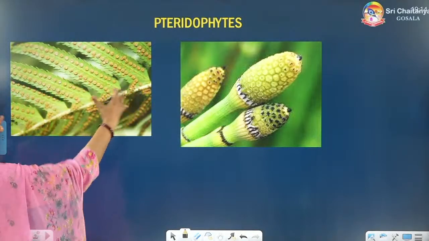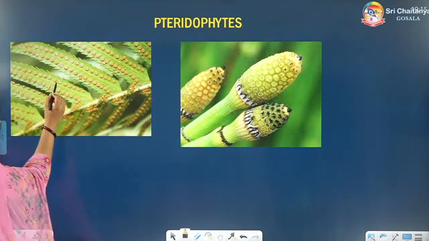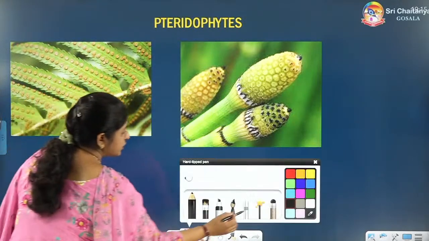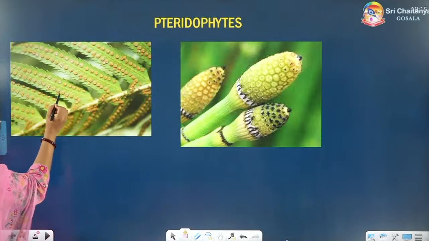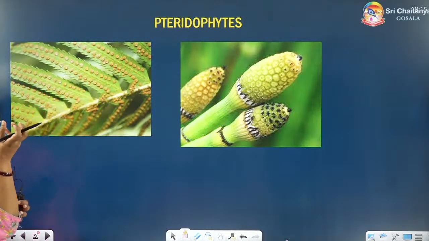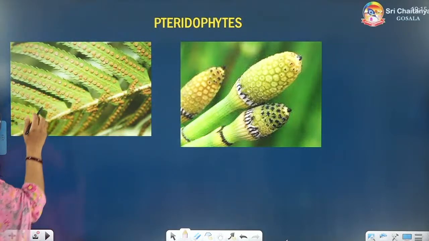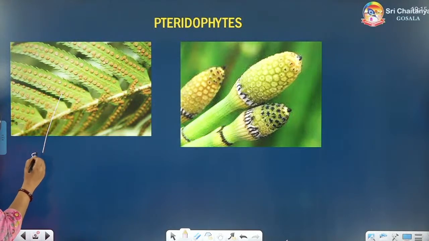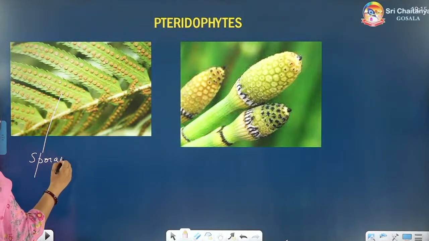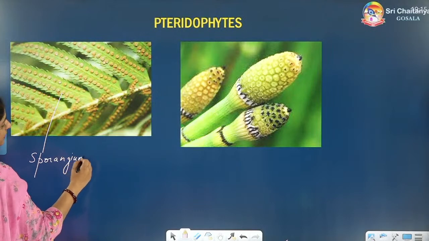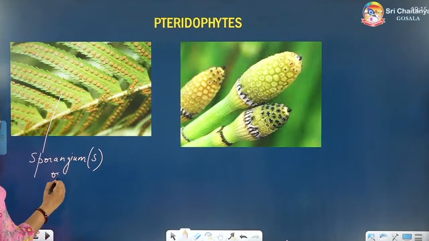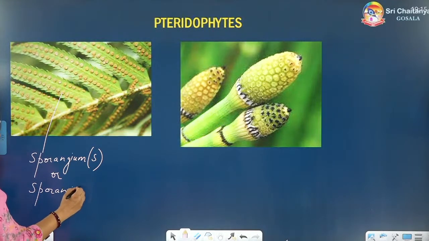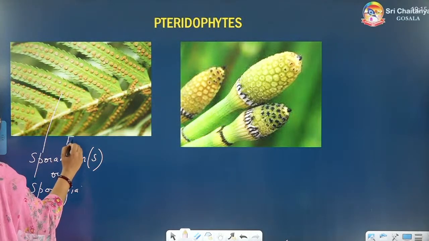Big leaves will be there. On that you have these sporangia. Can you see, like small elevations on that. You call a single one a sporangium, and the plural of that you call sporangia. This is in the case of the ferns.